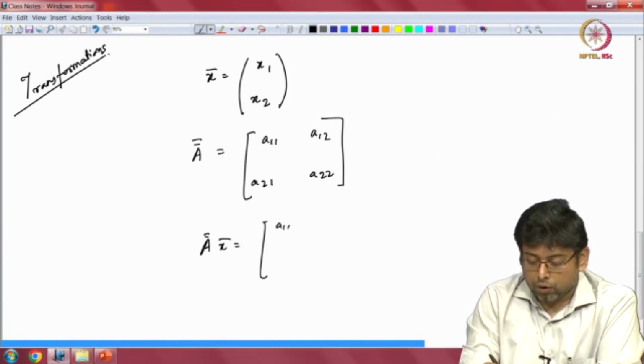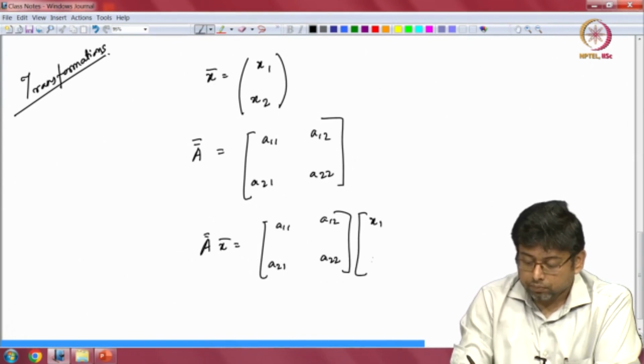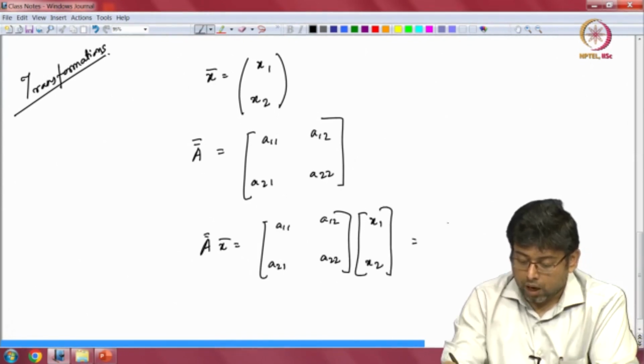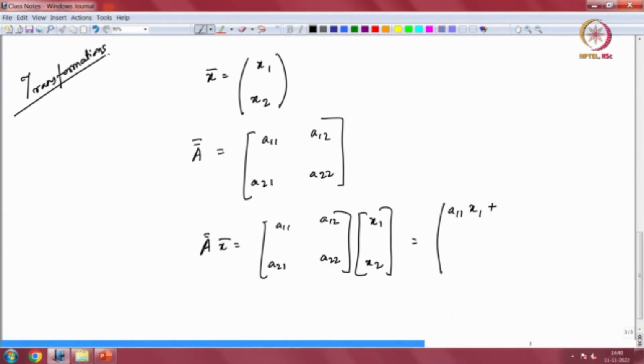So you know how to do matrix multiplications. And here you can easily see what you will have. So this is basically nothing but your function or your new vector y that we have said. So this transformation acts on x and gives you another vector y.